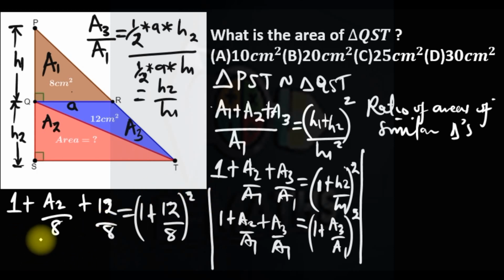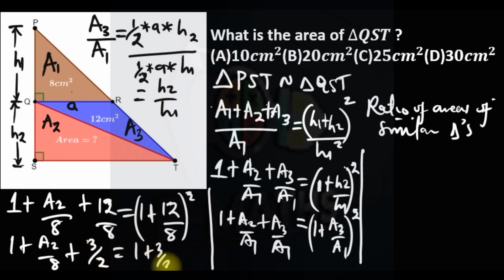So we are looking for the unknown. So as you can see, this is 1 plus 12 over 8. 12 over 8 is, okay, let's just reduce this. 1 plus 8 over 8 plus, this is 3 over 2 equals 1 plus 3 over 2 squared. So you can see we have 1 plus 3 over 2 and we have 1 plus 3 over 2 all squared.